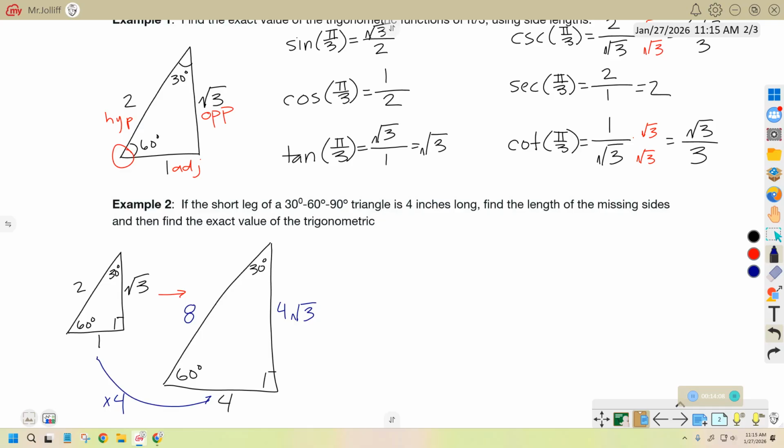I have a question for you. They said, after we found the missing sides, find the exact values of the trig functions. Are my answers here going to be different than my answers for example 1?